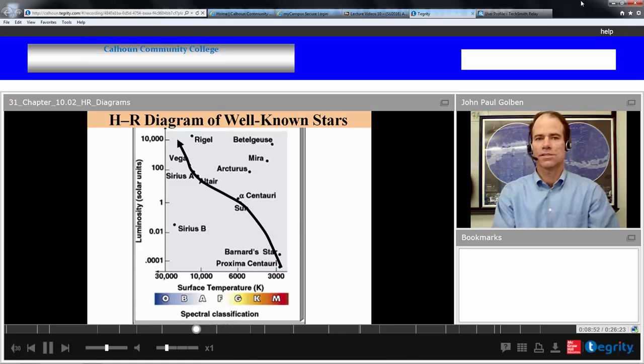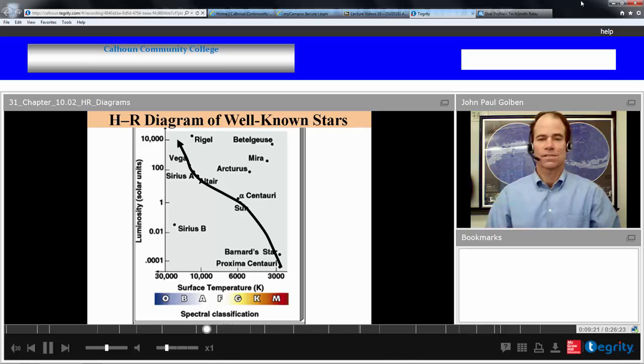So here's an HR diagram of some well-known stars, the main sequence designated by this black arrow that I just drew. Some of the best-known stars, you have the Sun here in the middle, Alpha Centauri, which is a very similar star to our Sun, is very close to the Sun on the main sequence. So it is a main sequence type star doing the same thing our Sun is, and just about the same luminosity, just a little bit brighter than our Sun.